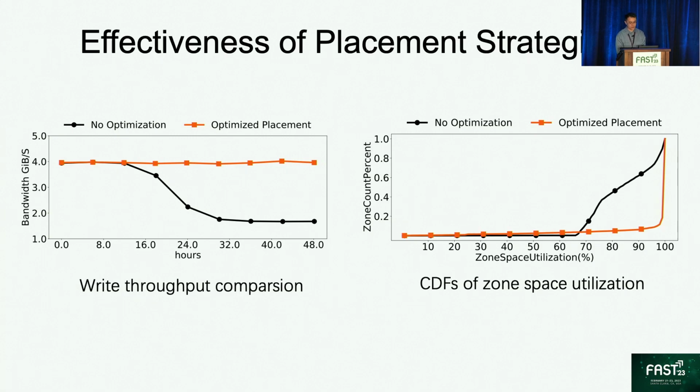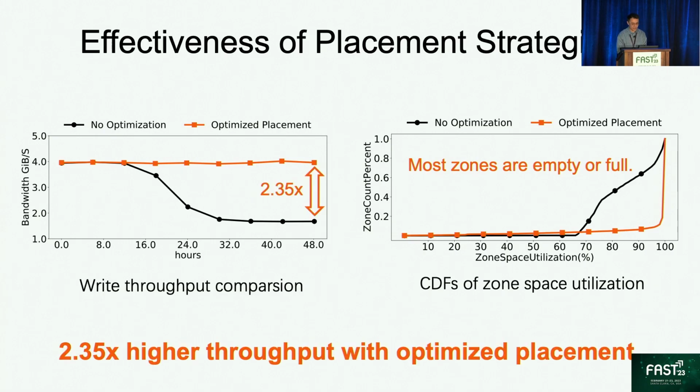The CDFs of zone utilization in the right figure demonstrate that the performance improvement benefits from a better disk placement, where most zones are either empty or full. By enabling all 3 strategies, SMRSTORE can achieve 2.35 times higher throughput.